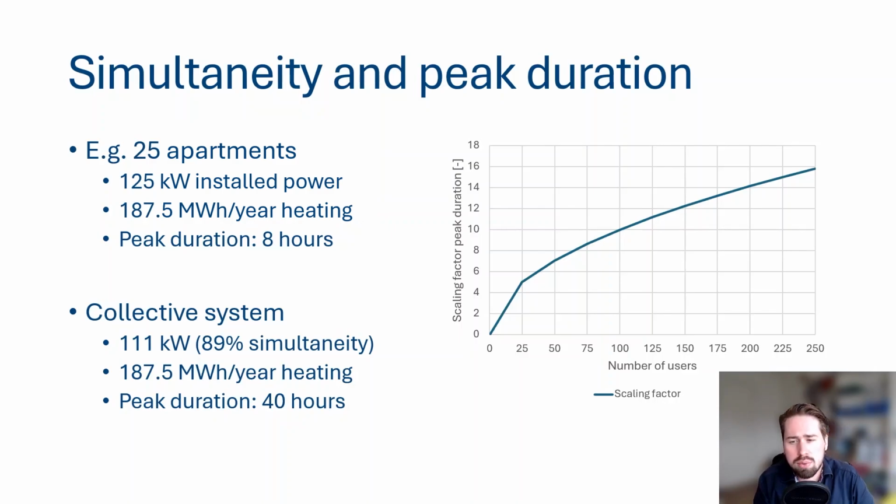For example, if you have 100 connected users, your scaling factor for your peak duration is 10, but your simultaneity factor, if you scroll back, is around 60%. So perhaps for smaller systems, this is a little bit on the safe side. For bigger systems, on the other hand, it looks more reasonable.